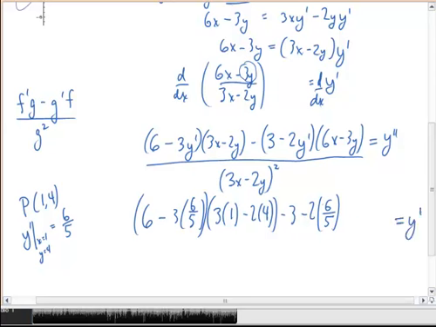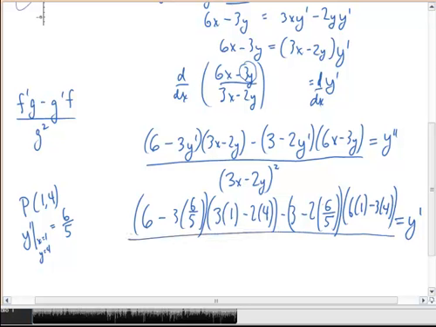I had to make a little room there. So that's what we would have to do to figure out what y prime prime would be equal to.